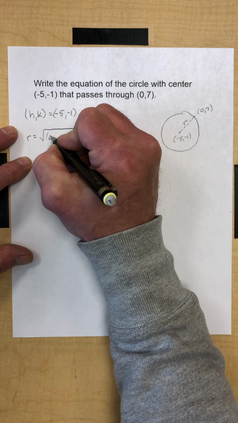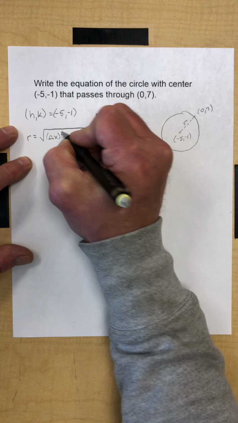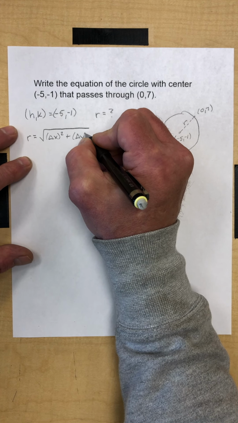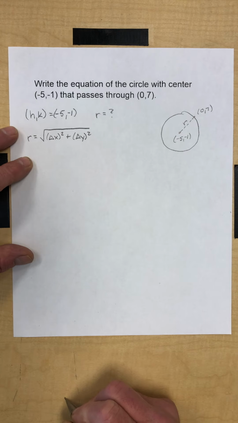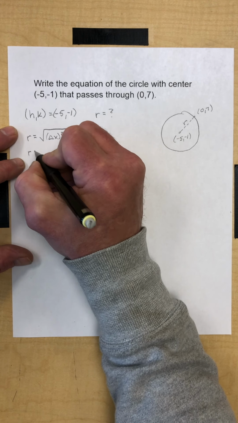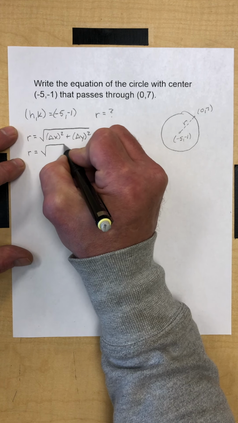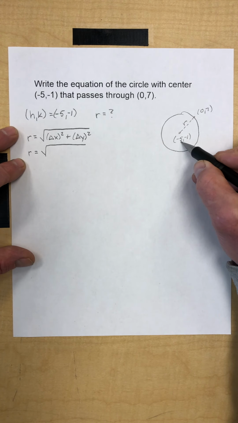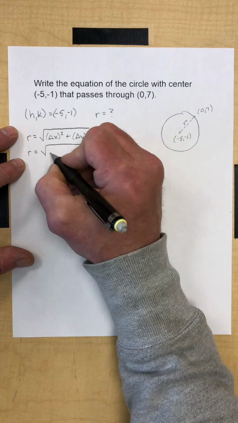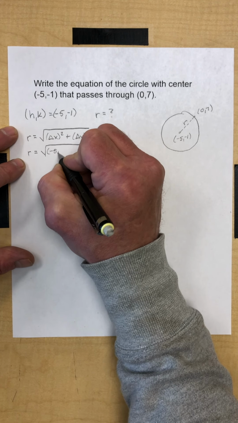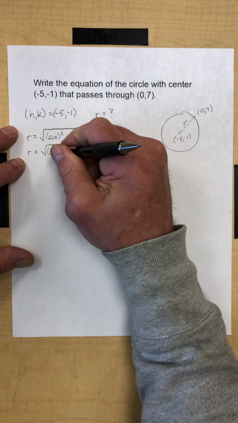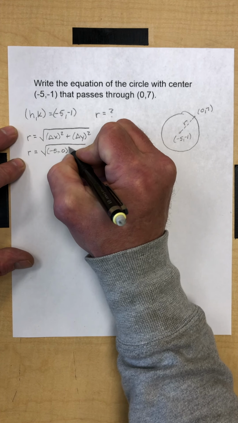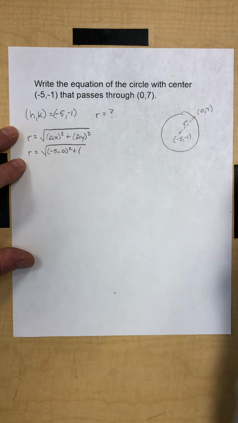So that would be the square root of delta x squared plus delta y squared. Okay, so let's see, our radius, square root of, delta x, so I could go -5 minus 0, squared, plus delta y.